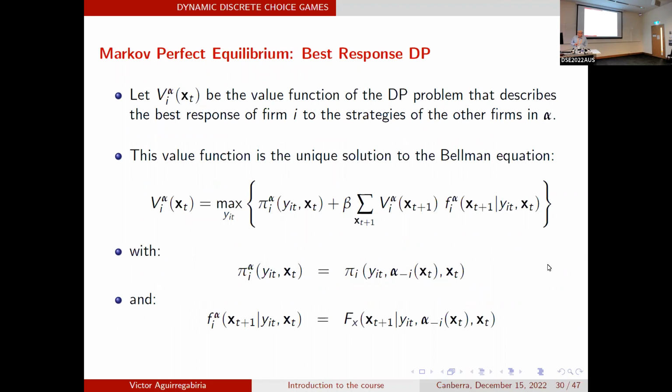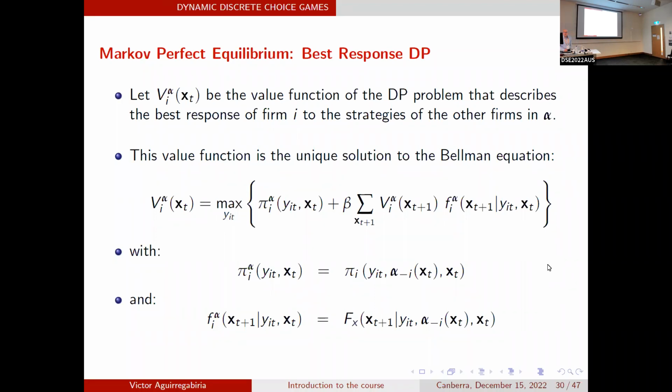Let me use V with superscript alpha to represent the value function of player i, taking as given the strategies of the other players. It is the maximum value player i can achieve in a state x, taking as given whatever the strategy functions of the other players are.